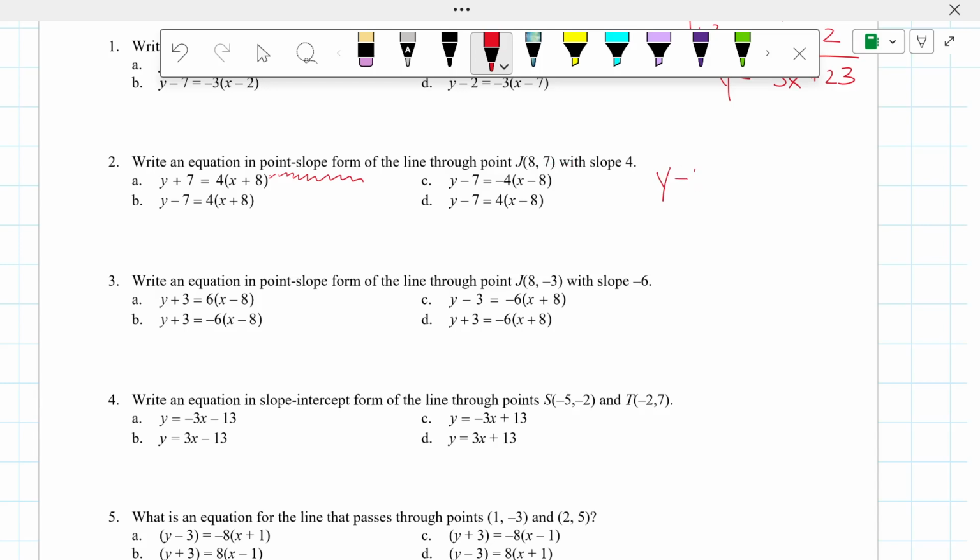So y minus 7 equals the slope, which is 4, left parenthesis, letter x, and then the opposite of the x value given, so minus 8. Looks like answer choice D.